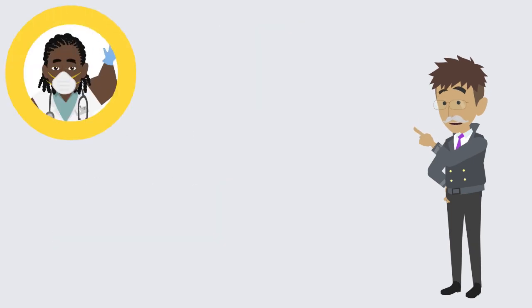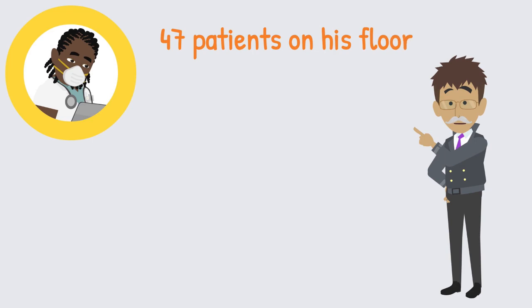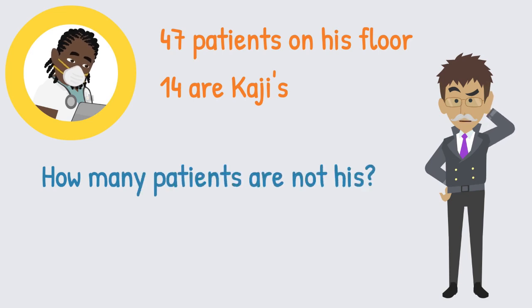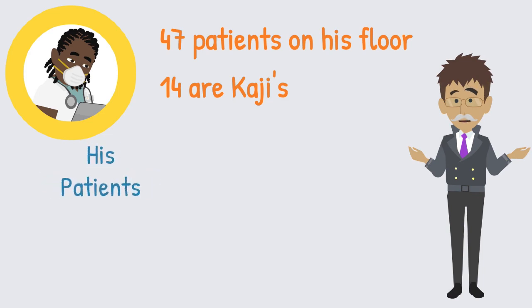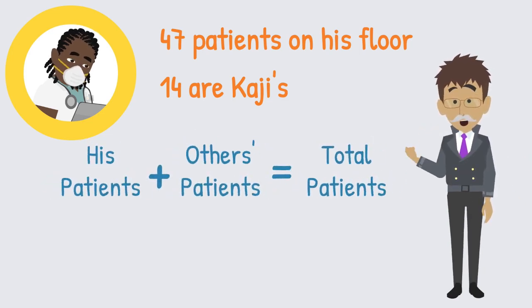Finally, Kaji is a nurse in a large hospital. He knows there are 47 patients on the floor where he works. 14 of those patients are his. How many are not? He knows there is a relationship between the number of patients that are his, the number that are not his, and the number of total patients on the floor.